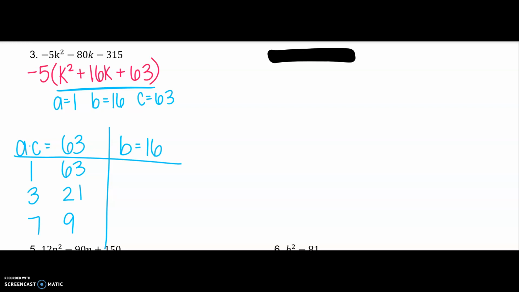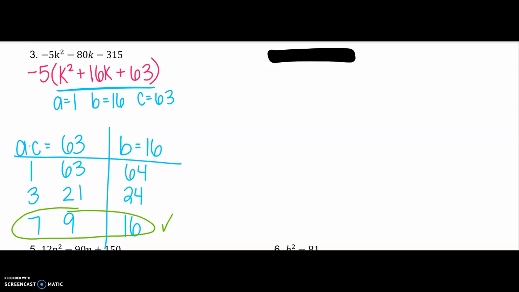I need to find the factor pair that when it's added together, it comes out to be our B value of 16. So for our first factor pair, 1 plus 63 gives me 64. 3 plus 21 gives me 24. And then 7 and 9 gives me 16. So the only factor pair that multiplies to be 63 and adds to be 16 is our third factor pair.